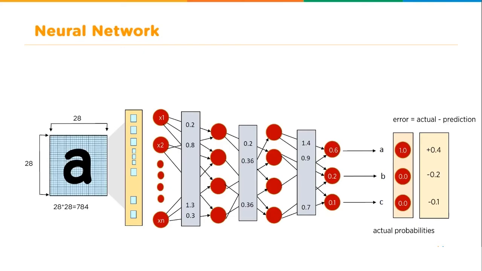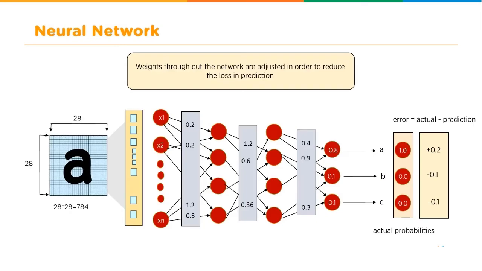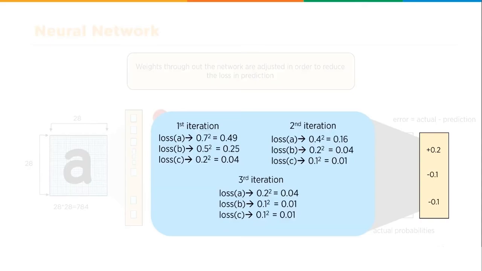So as mentioned earlier, our predicted output is compared against the actual output. And you can see our error over here, actual minus prediction. And then we go ahead and compute our loss. So the loss of A is 0.7 squared equals 0.49, loss of B is 0.5 squared or 0.25, and so on.